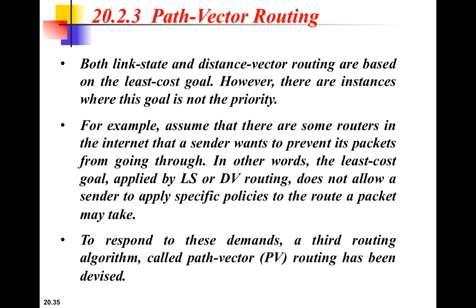However, many times this is not the goal. This is not the priority. It is very much possible that we want to choose something else as the metric or the goal. For example, maybe we would like to choose the path that has the most security.